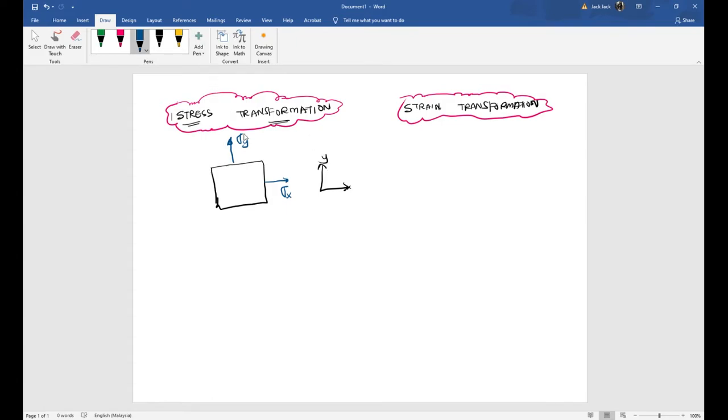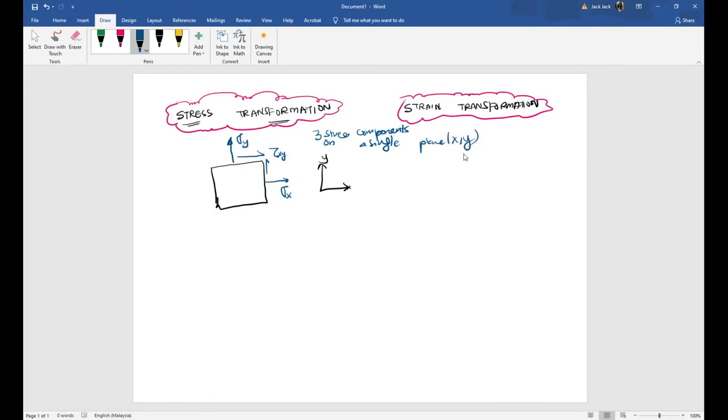At the same time, we will have shear stress, denoted as tau xy. So this means we have three stress components on a single plane. What plane? Plane xy.